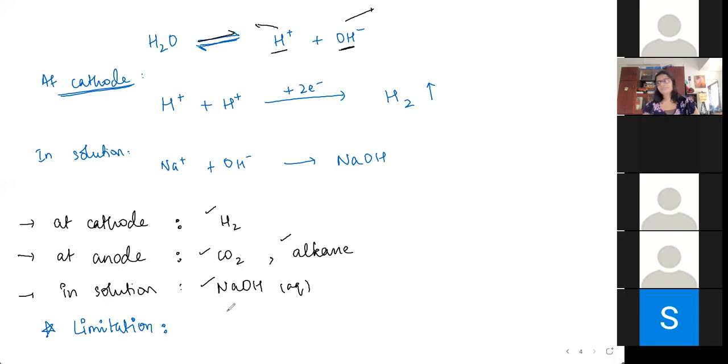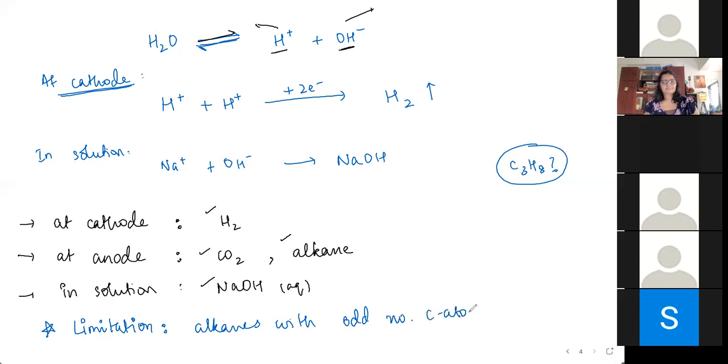Can I produce propane using this method? No, because the alkanes only double. Propane has 3 carbons. Yeah, so alkanes with an odd number of carbon atoms cannot be produced. So that's a limitation with this.